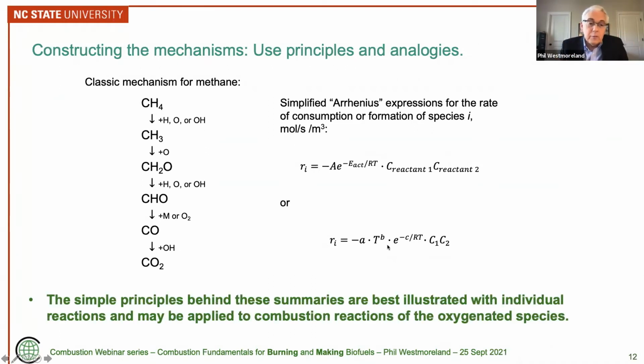But the principles behind these, the fact that they are not only plausible but accessible ways of describing these, are really best illustrated by teasing the individual reactions apart. And we'll see that these same steps can be applied to the oxygenates. For that matter, from formaldehyde on, we are talking about oxygenate chemistry.